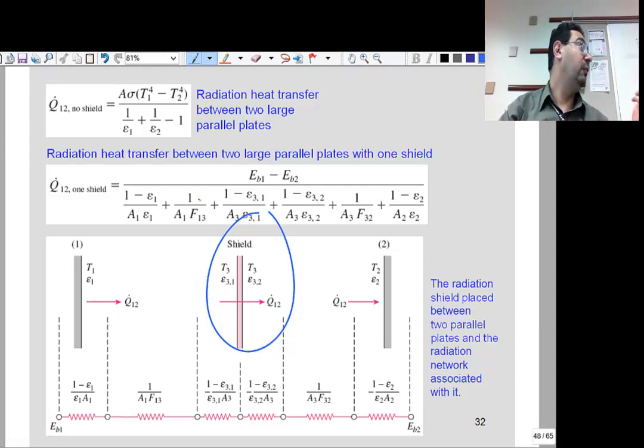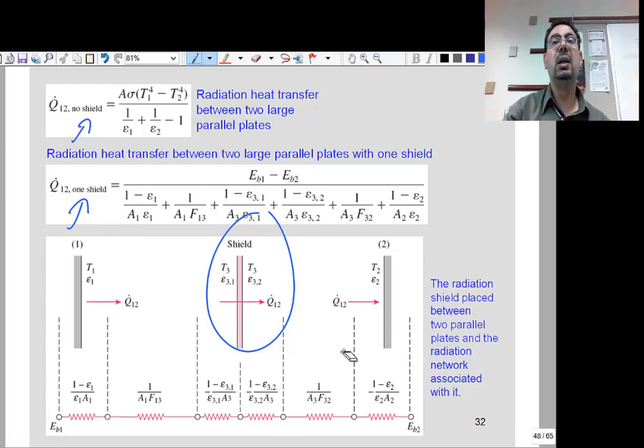Because they have a very large, very shiny surface. His epsilon will be very small, right? So that works. So then we expect the Q with one shield to be much smaller than the Q with no shield. This is a Q with no shield, and this is a Q with one shield.